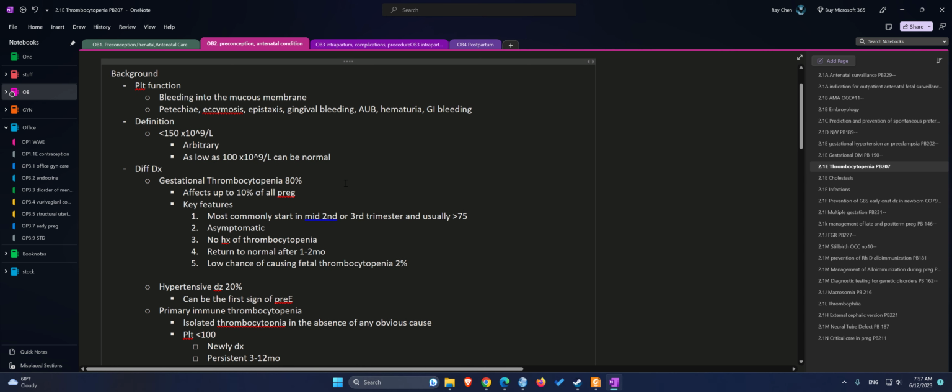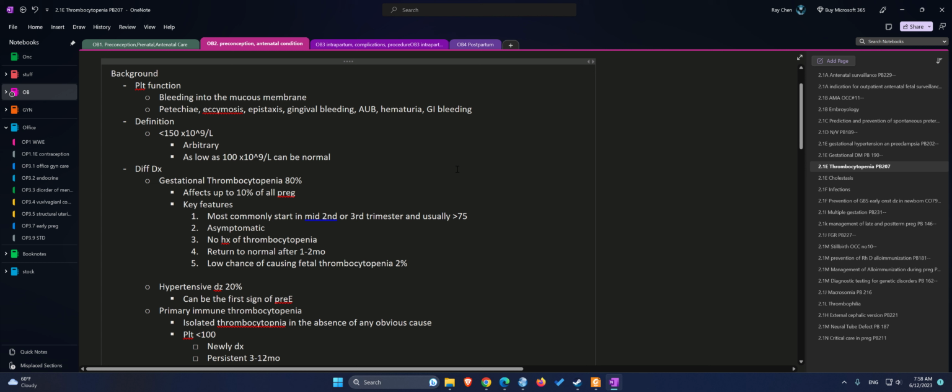So going back to the gestational, it affects about 10% of all pregnancies, but it is 80% of all thrombocytopenia. Key features: most commonly start in the mid second trimester or the third trimester, but it can start in the first trimester.